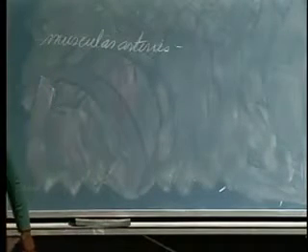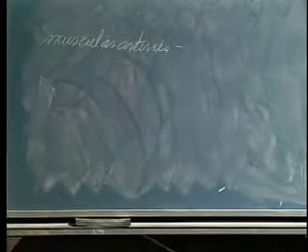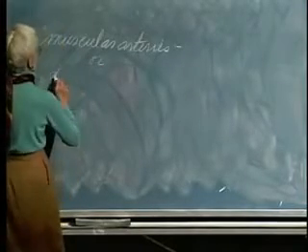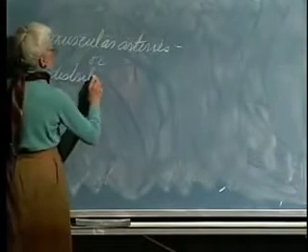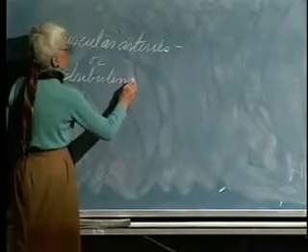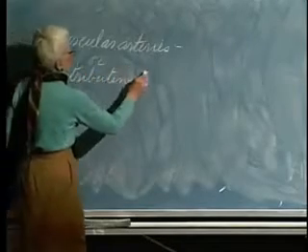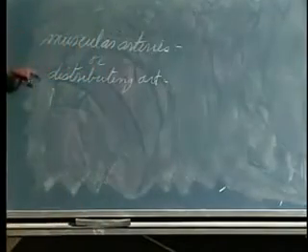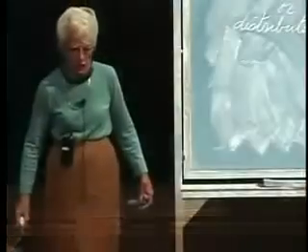Not too often. They're down on the list, are they, when they're so important? These are also called distributing. So how are you going to tell the difference between a muscular artery and a distributing artery?